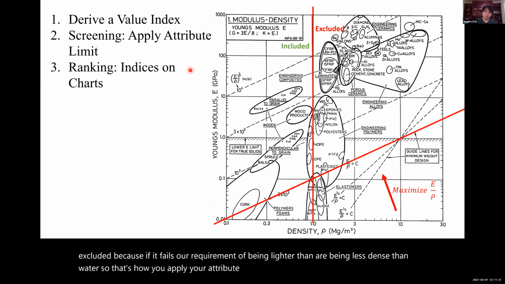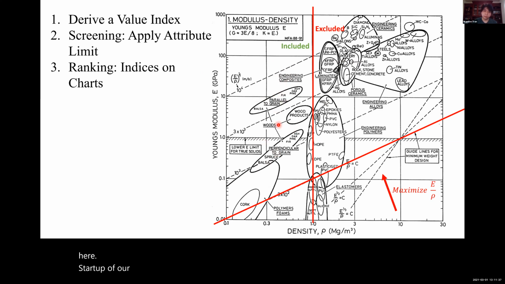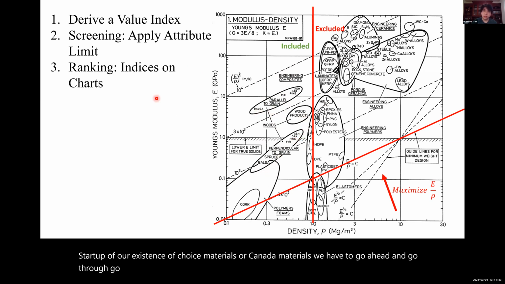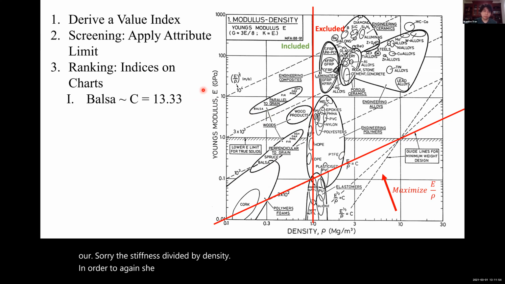And now you rank the indices of our candidate materials. We have to go through each available choice and then rank the indices, or the stiffness divided by density, in order to, again, choose a proper material for our application.